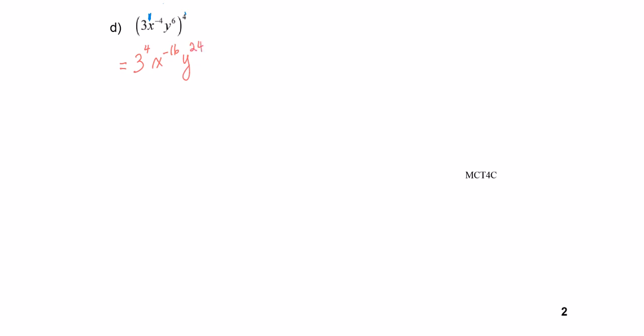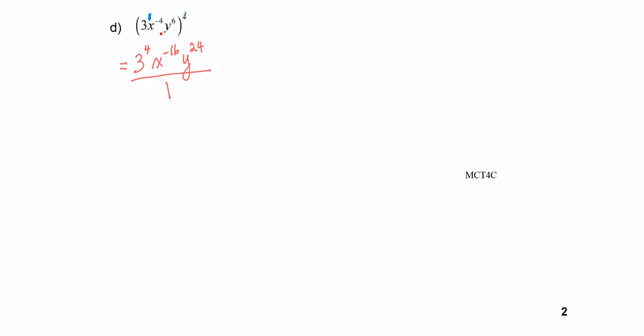Now, once we've done that, we have to imagine our entire problem is all over 1. And the reason why we do that is because of this ugly x to the negative 16. So originally you would have had 3 to the 4, x to the negative 16, y to the 24.